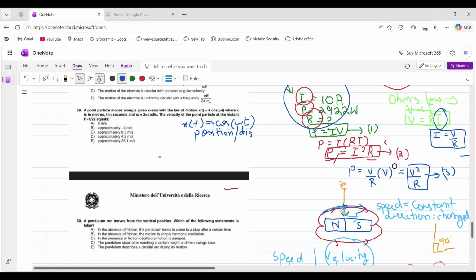It's position or distance. What is velocity then? They have asked us to find velocity. Velocity is the rate of change of position or rate of change of displacement, which means change in it, right? Change in it.